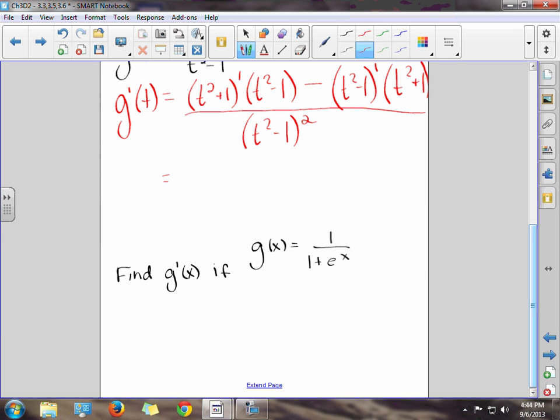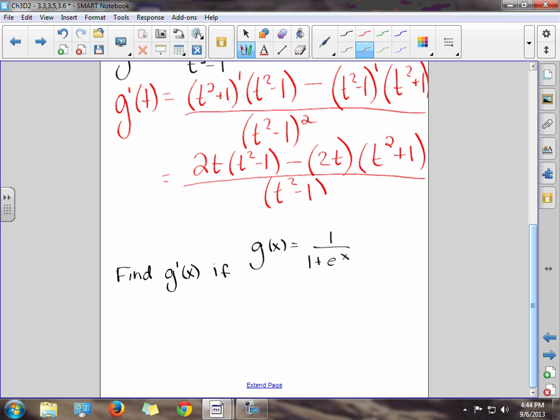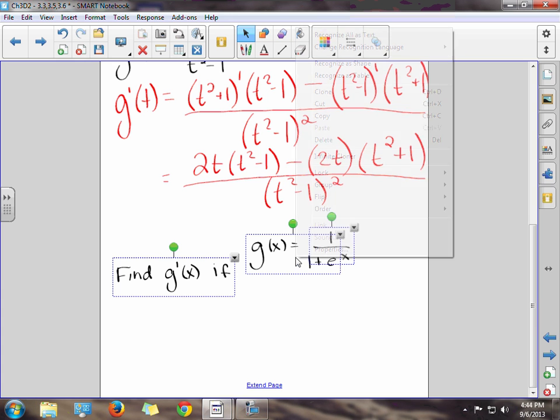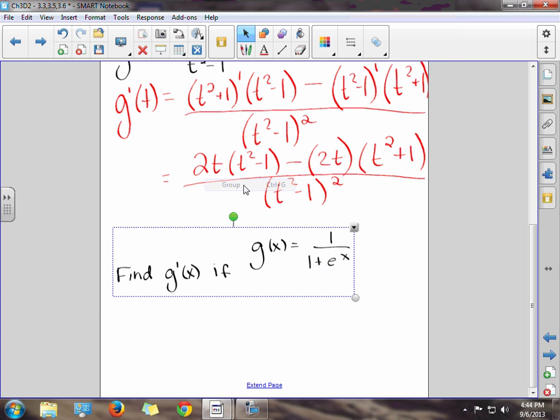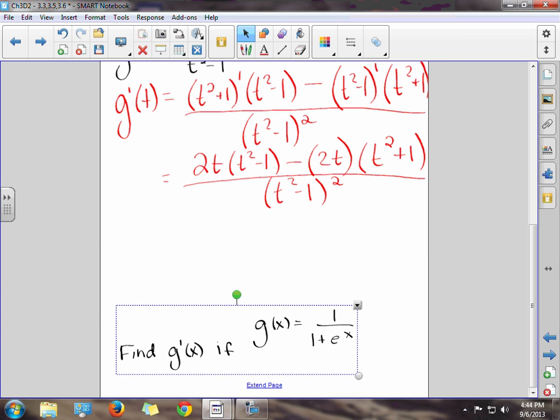So we end up with 2t times t squared minus 1 minus 2t times t squared plus 1 all over t squared minus 1 all squared. I want to clean it up just a little more, so let's see what happens.